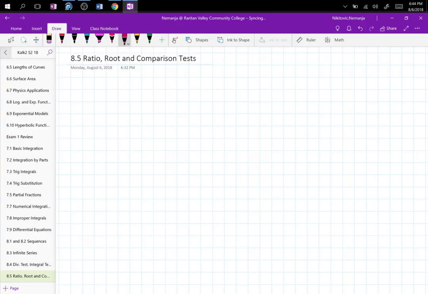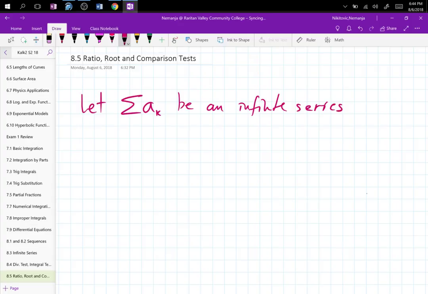For the ratio test, we'll say: let the summation of a_k, or a_n, whatever, be an infinite series with positive terms.